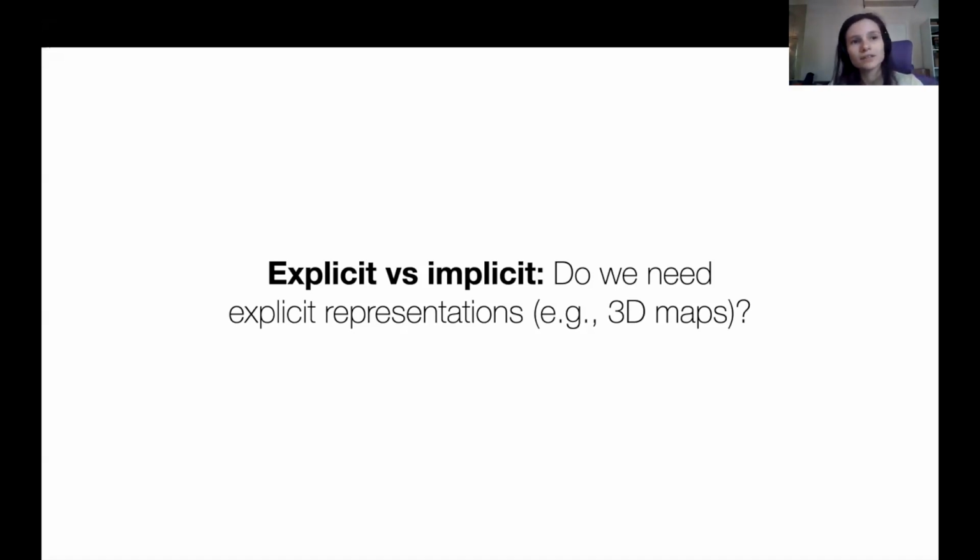But on the other hand, this 3D map will be noisy. This will be consuming a lot of space for large scenes. So I would think in the direction of using implicit representations to circumvent these points.